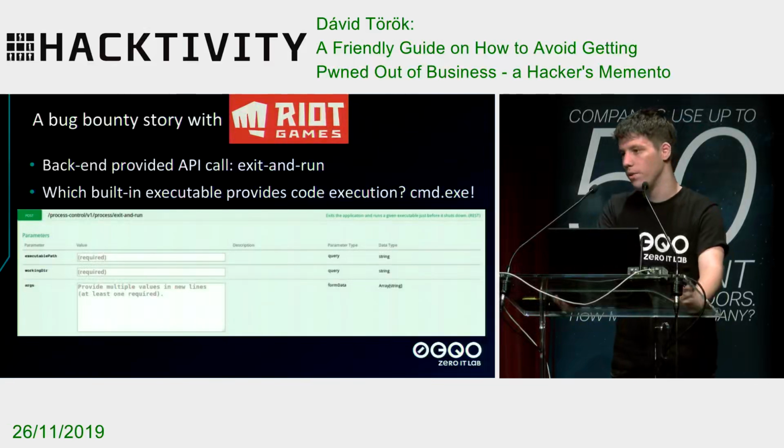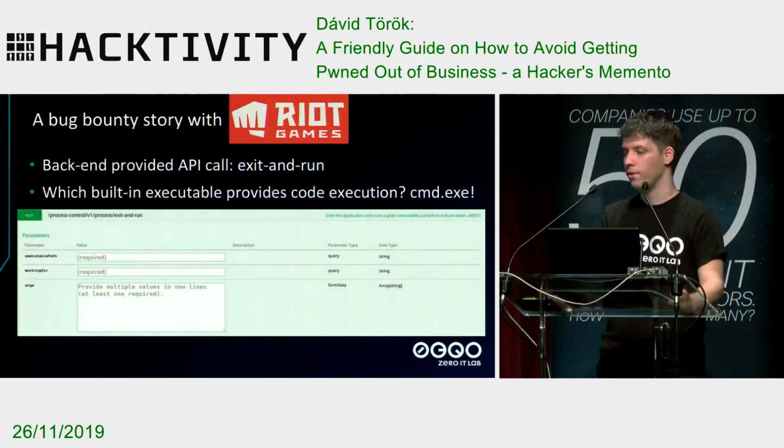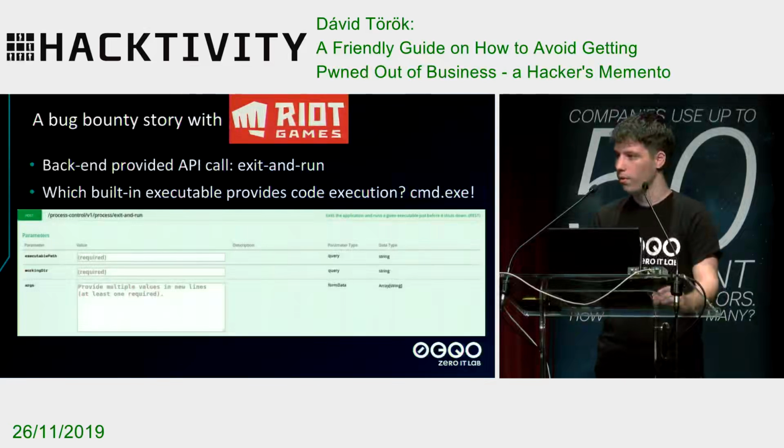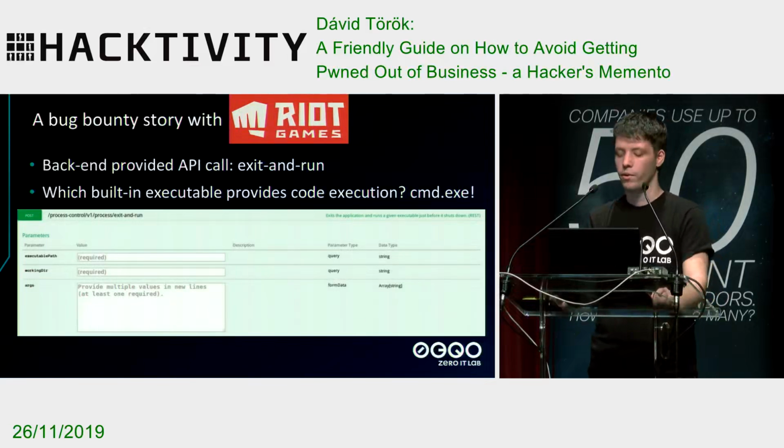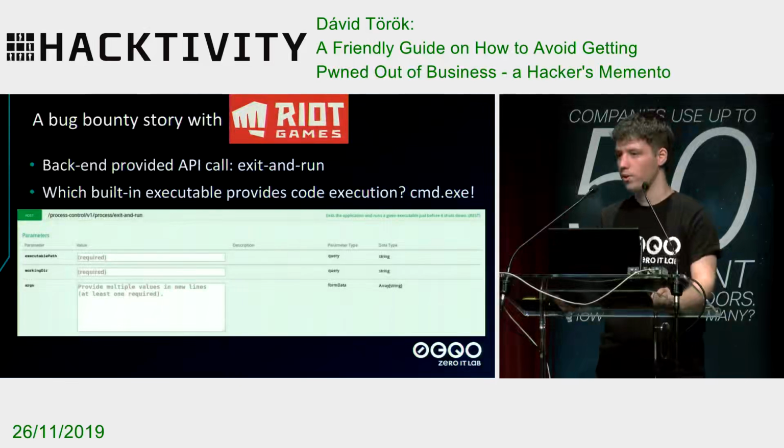When they were transitioning from their old client to this new client, for a while they were offering players the option to go back to the old client in case they did not like the new one. And this transition back to the old client happened using this API call. Whenever you clicked that you want to go back to the old client, this API call was used to launch the old exe.